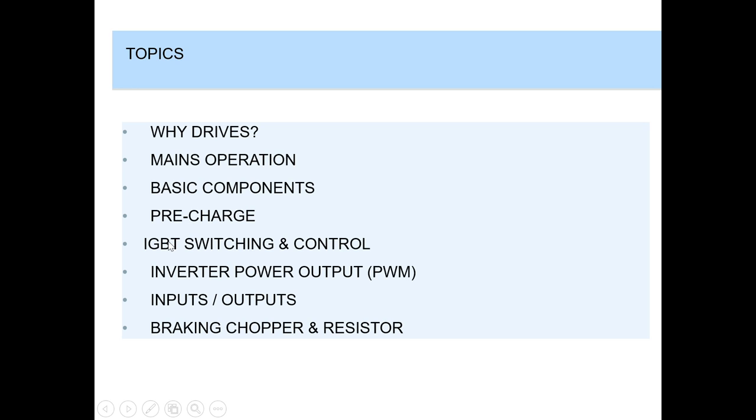Next we'll look at IGBT switching and control. Also we'll look at the PWM output of the drive, and then we'll see how inputs and outputs can be interfaced to a drive. Basically inputs and outputs are used to switch on the drive. And then lastly we'll try to understand the need for a braking resistor in case of dynamic braking, and how a chopper can be helpful.